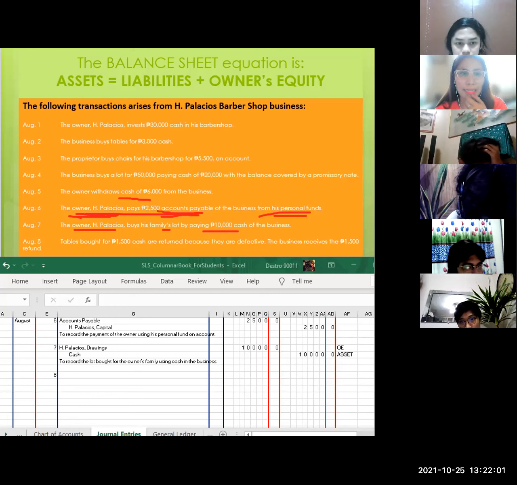Okay, let's analyze transaction number 8. Tables bought, diba, noong August 2, the business buys tables for 3,000 cash. On August 8, they found out that the tables are defective.